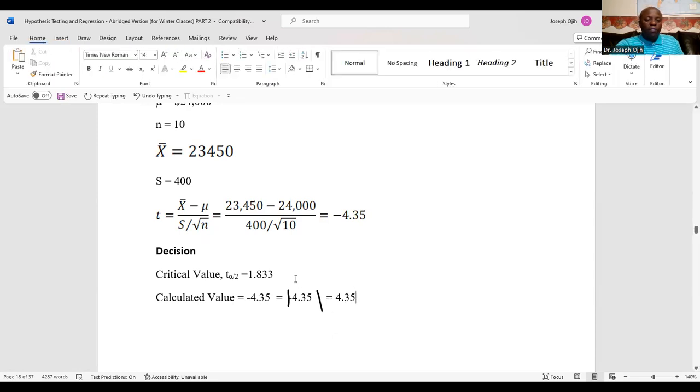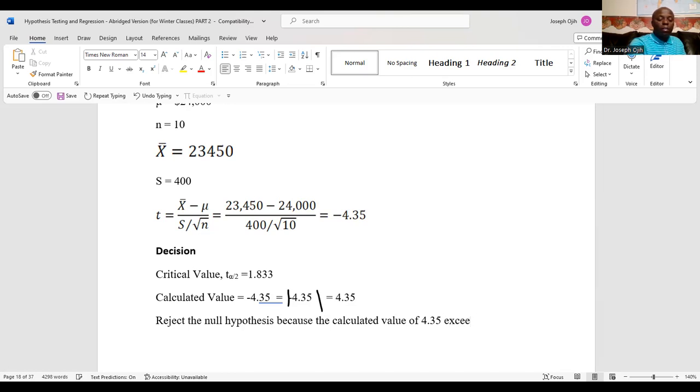So now we can compare them. 4.35 is bigger than 1.833. So we reject the null hypothesis, because the calculated value of 4.35 exceeds the critical value of 1.833.